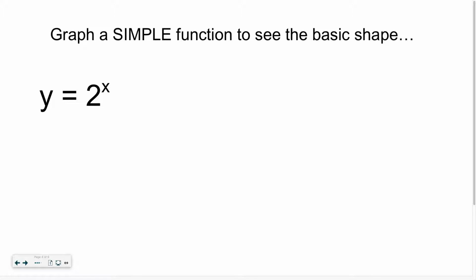Yeah, we would like some points to graph, wouldn't we? We don't know what it looks like. Okay, so let's make a table. X, Y. Since this is my first go-round with the exponential function, I'm going to make my table kind of big so I can check some different numbers and confirm that I agree it looks the way it should.